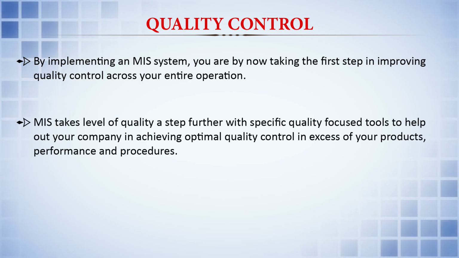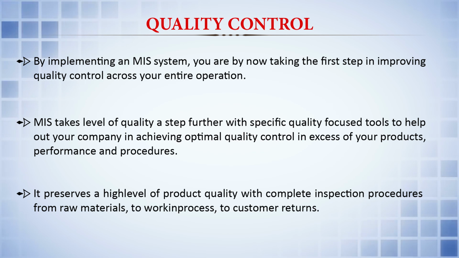Other than that, it takes this level of quality a step further with specific quality control focused tools to help your company achieve optimal quality control of your products, performance and procedures. It preserves a high level of product quality with complete inspection procedures from raw materials to work in progress to customer returns.